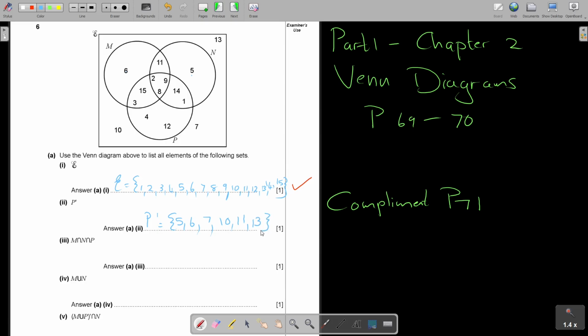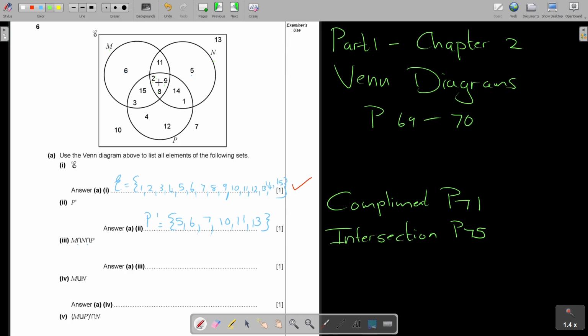Okay. And then the next one, what does this sign mean? Intersection. The intersection we will find on page 75. So if I look, it means what is in M and N. It's what is in M, N, and P. It's this little part here in the middle.